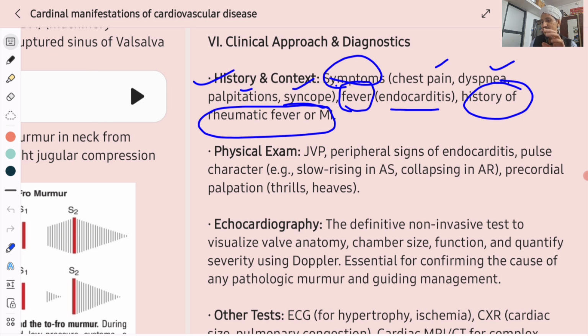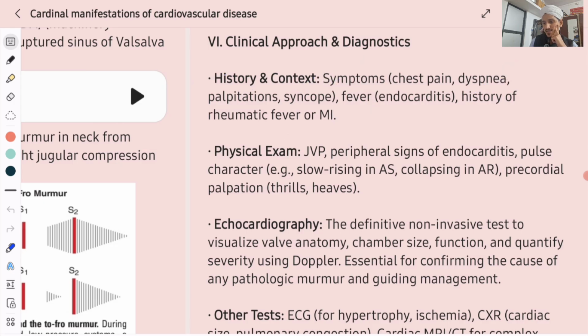And in physical examination, what will you focus on? See the JVP. This will indicate the pressure in the right atrium. If it is raised, then the pressure in the right atrium is raised. See peripheral signs of endocarditis, infection of the valve.